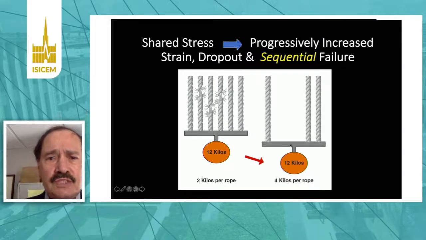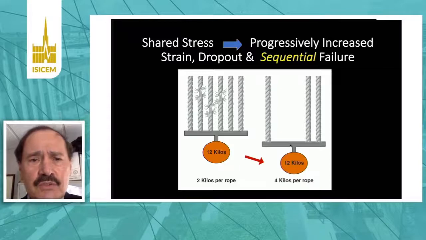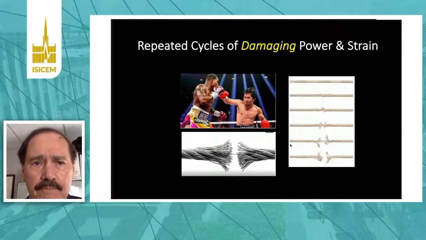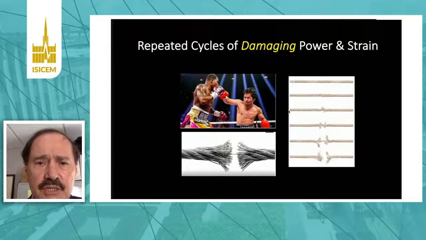So shared stress means that progressively increased strain and dropout happens with sequential failure of the weakest elements. Repeated cycles of damaging power and strain, just as in a bout of boxing, will cause the fibers to disappear as support elements and eventually break.